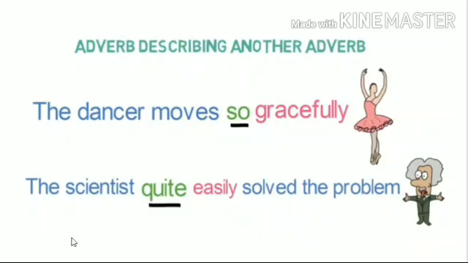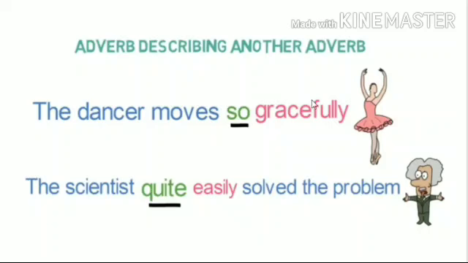It describes the intensity of the word gracefully. So the word so in the sentence is describing the adverb gracefully. What do we call the word that describes an adverb? Adverb again. The word so is an adverb that describes another adverb, that is gracefully.